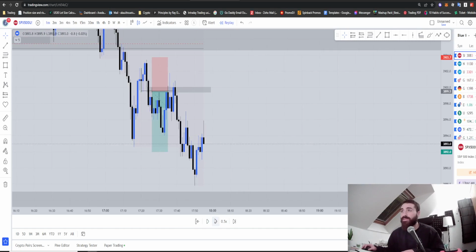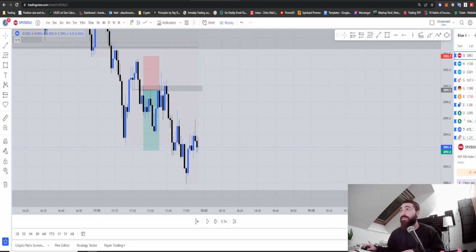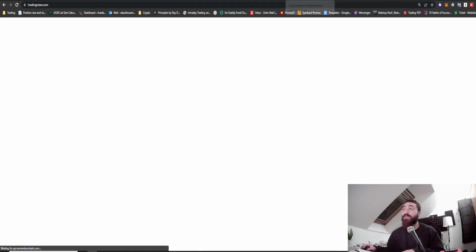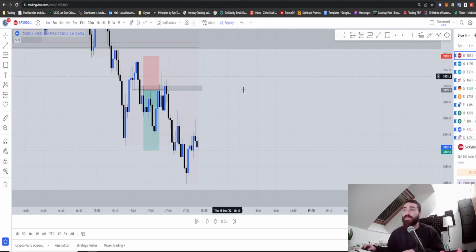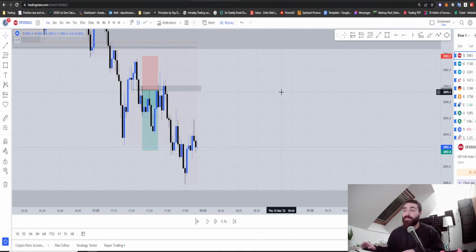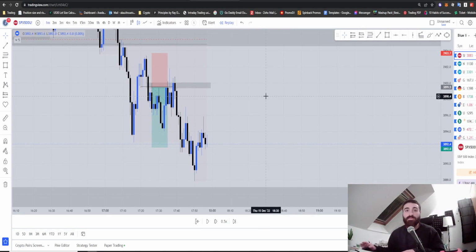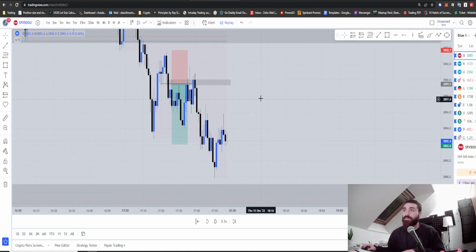The second trade, this was an interesting trade because I actually took a loss on this trade, but that's just because of my psychology, because of my impulsive trading. Instead of taking it at the position I wanted to take it, I took it at the breakout.